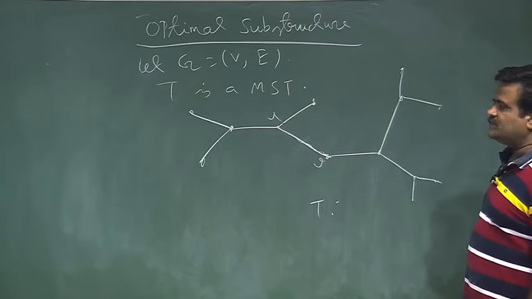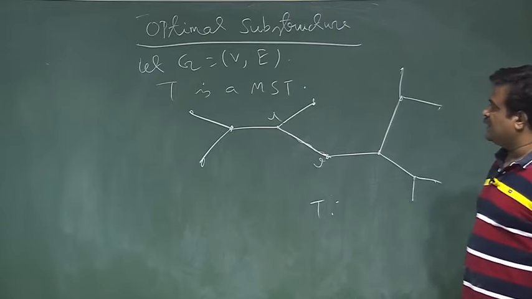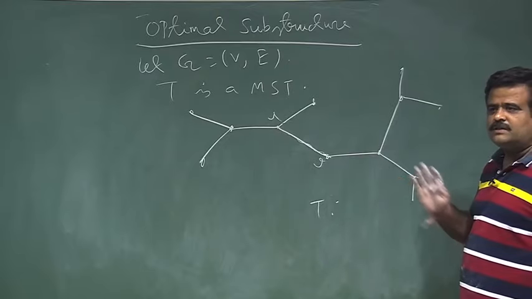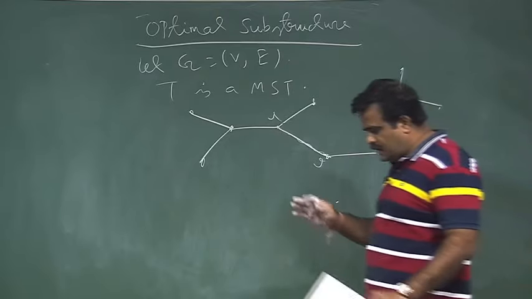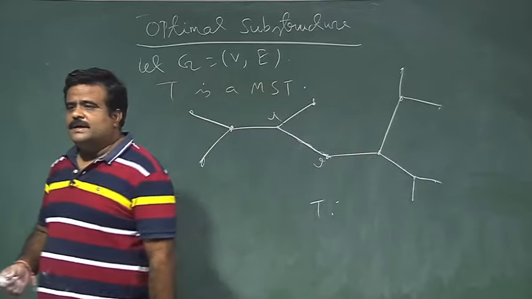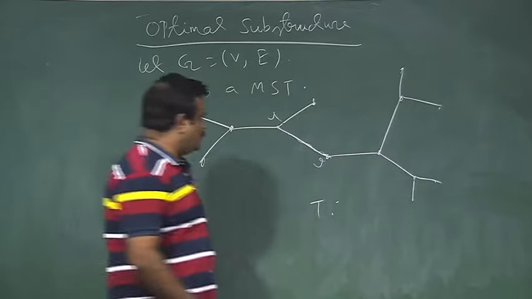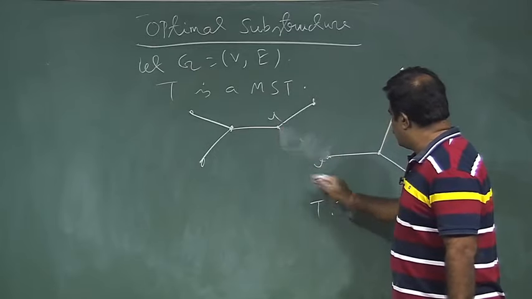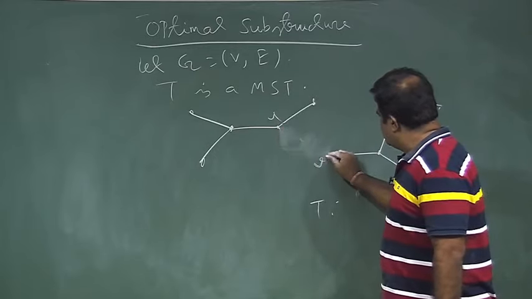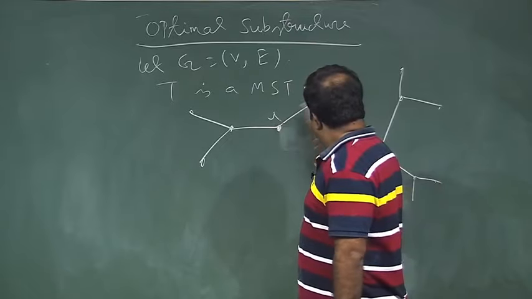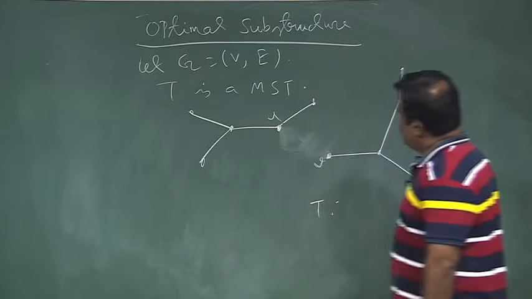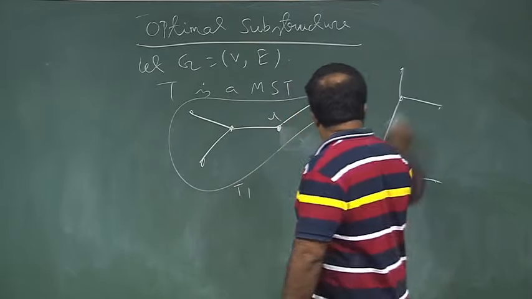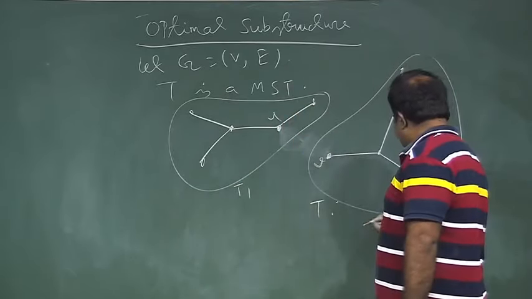Now for optimal substructure, what do we need to do? We need to say that if we have a solution of the whole problem, then it contains the solution of the subproblem. So we remove this edge, and then we consider this tree as T1 and this tree as T2.